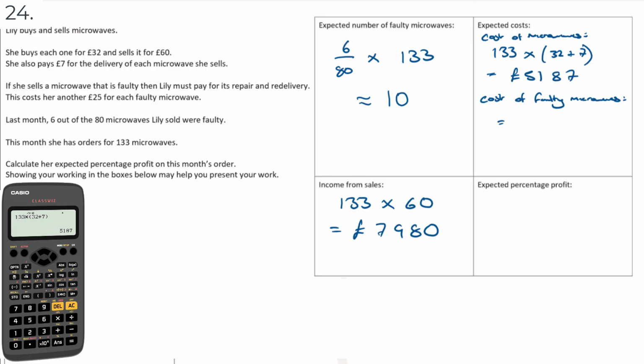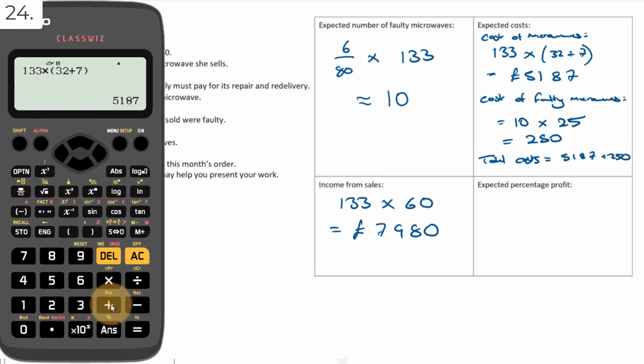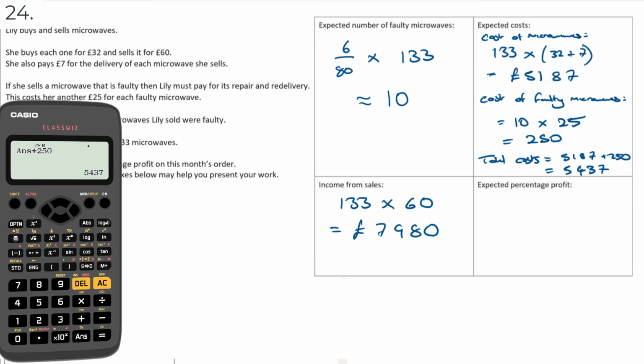So that's going to be the 10 faulty ones times the £25 it costs her for each. That comes out to be 250. So then the total costs are going to be those two amounts added together. So the 5,187 plus the 250, that comes to 5,437. So that's how much it's costing her.